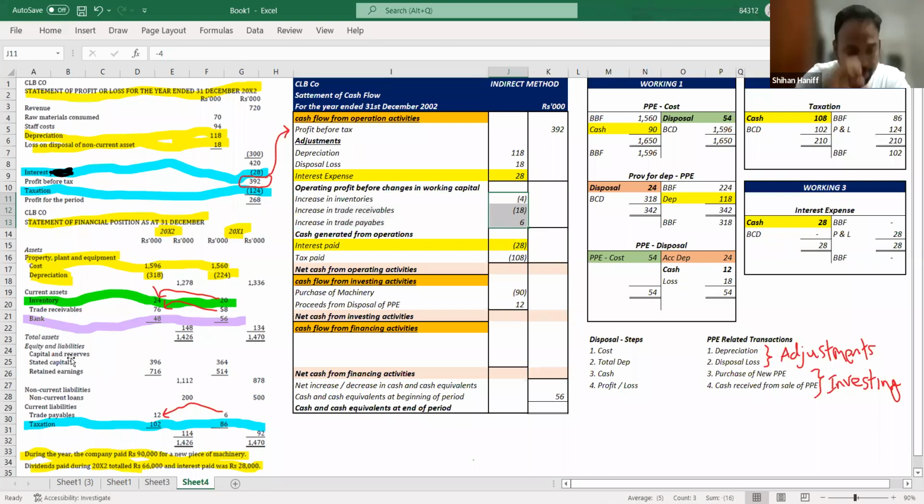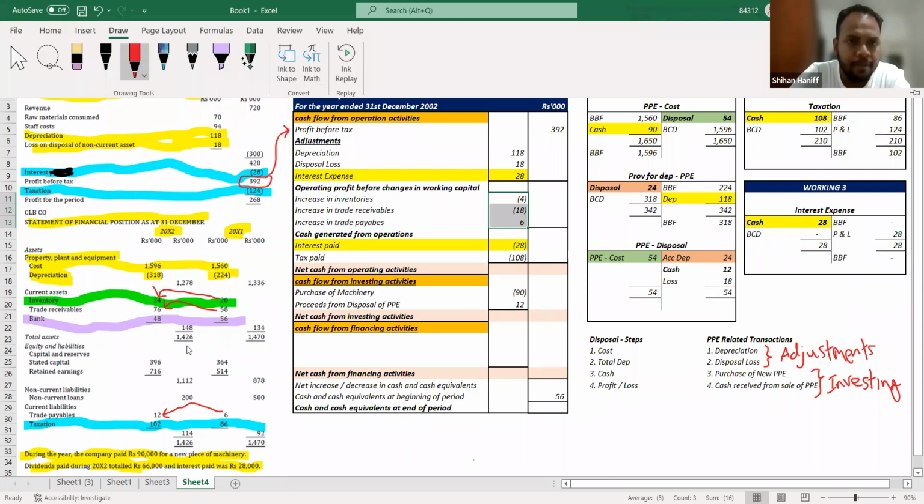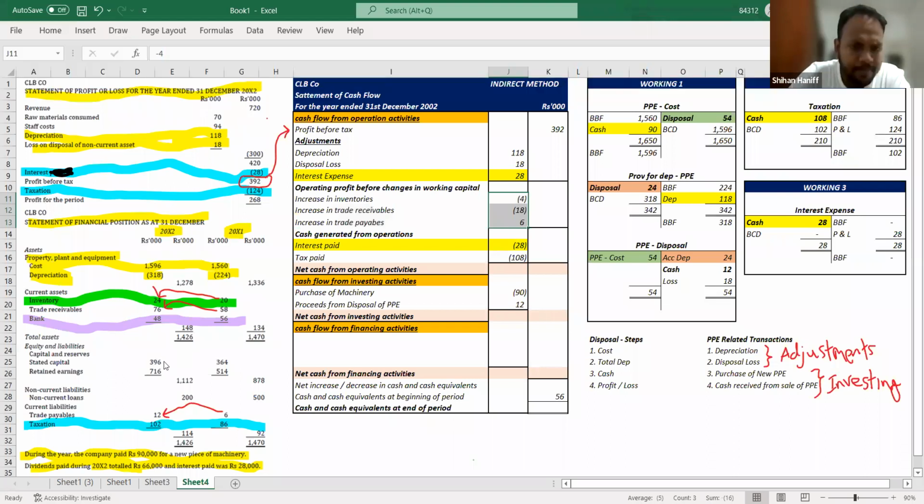And we have now the equity and liability part. So let's see what happened to the stated capital. Stated capital is increased. So that means we have issued shares. Issue of shares.